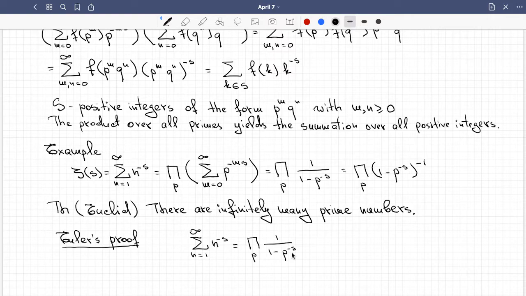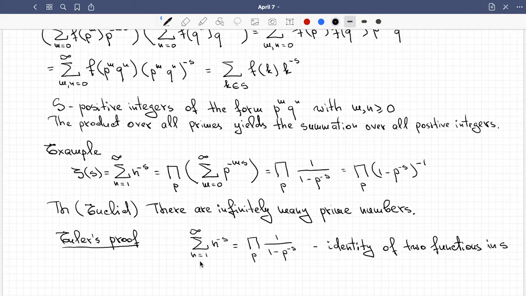This is an identity of two functions in s. s is the variable, meaning that the two functions are equal.